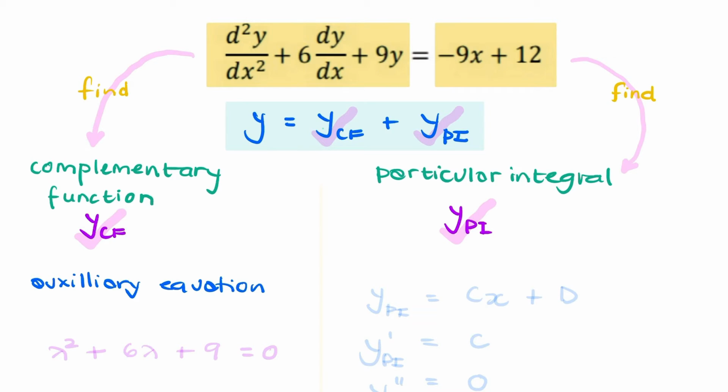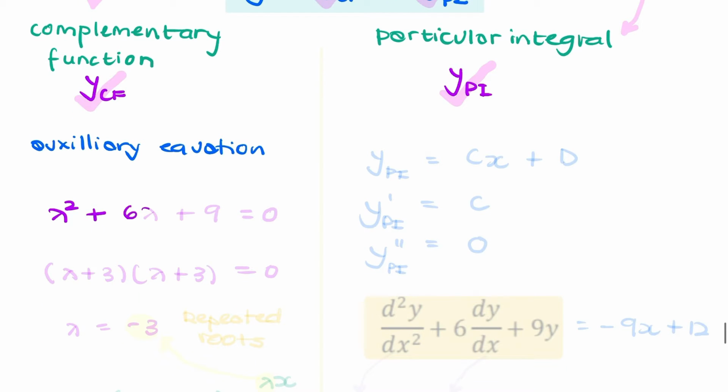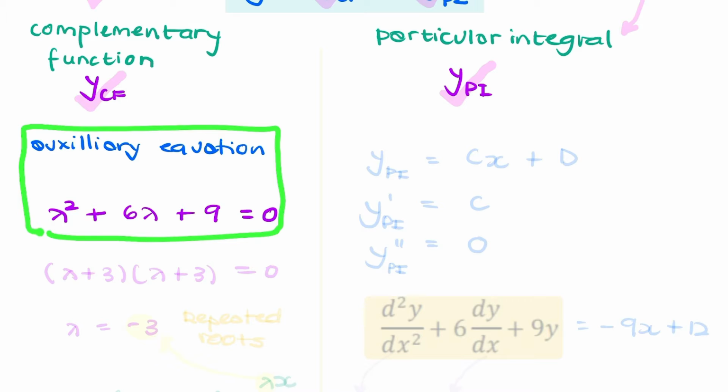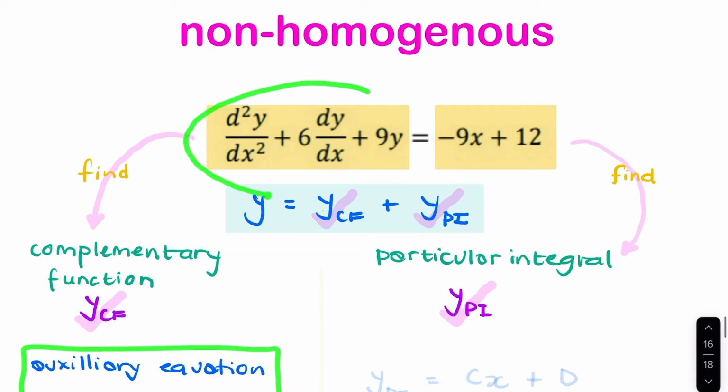And that's going to be a quadratic equation. We use the coefficients 1, 6, and 9 from the differential equation. So we end up with lambda squared plus 6 lambda plus 9 equals 0.